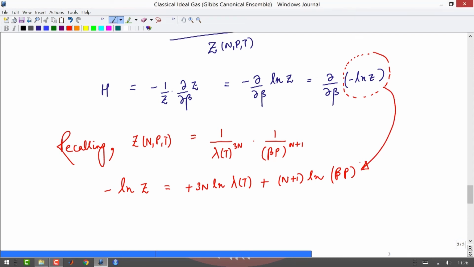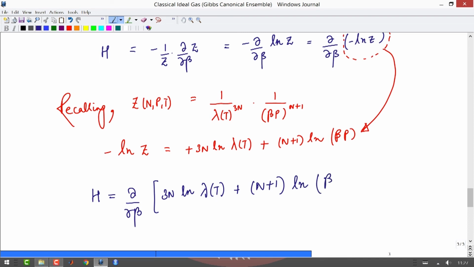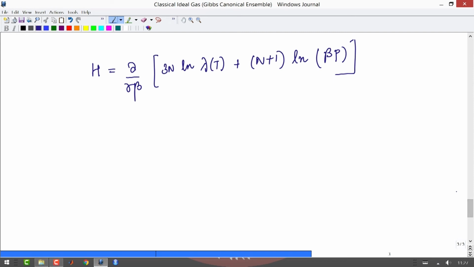This will make my enthalpy d by d beta of 3N ln lambda plus (N plus 1) ln beta P. And this can be very easily computed.